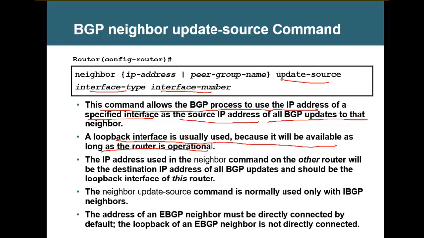The IP address used in the neighbor command on the other router will be the destination IP address of all BGP updates, and we already spoke about that, it should be the loopback interface address. Next, the neighbor update source command is normally used only with IBGP neighbors. First of all, you need this only in an IBGP scenario.